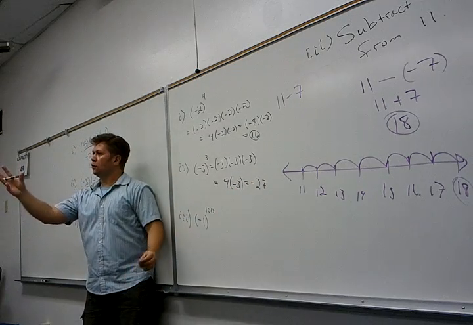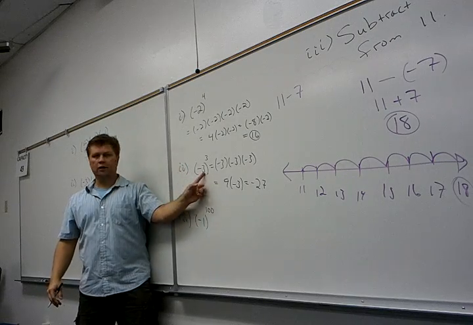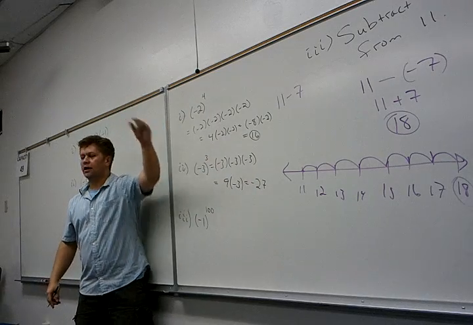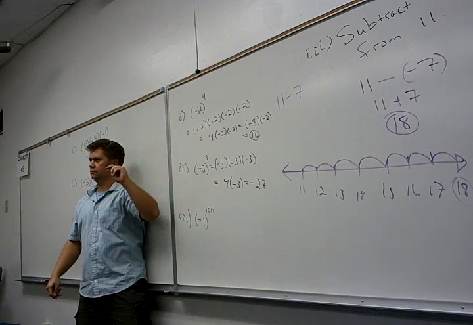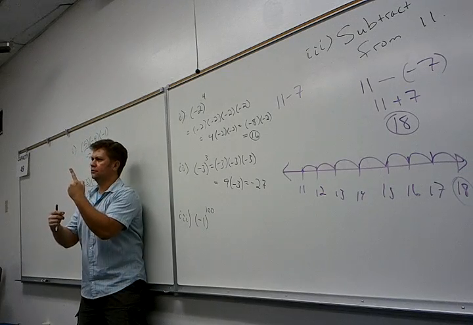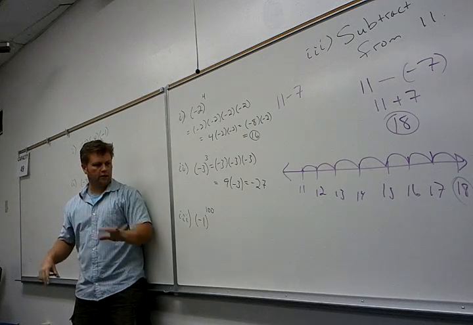The slightly quicker way is, I know the answer is going to be negative, so all I care about is what's 3 times 3 times 3? 27, and you put a negative on it because there were an odd number of negatives, so it's got to end up negative, that odd guy out. Okay, whichever way is better.